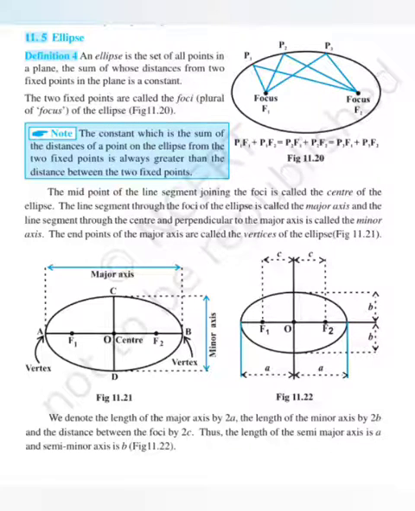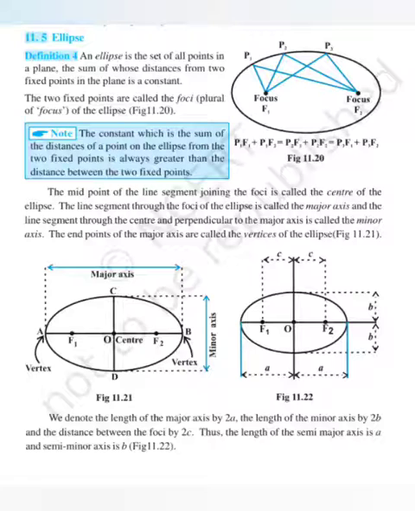Also, the midpoint of the line segment joining the foci is called the center of the ellipse, and the line segment passing through the foci of the ellipse is called the major axis of the ellipse. Here, the line segment AB is the major axis. Also, the line segment that is perpendicular to the major axis and passes through the center of the ellipse is called the minor axis.